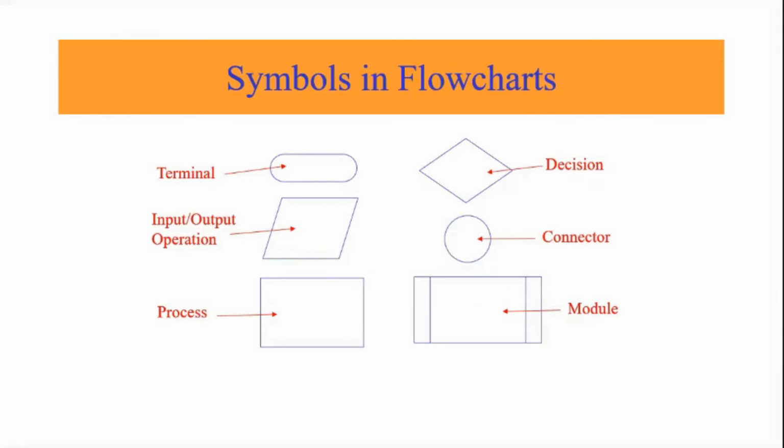Then a rectangle with two small boxes on either side, that represents a module. And there is one more element, the one-directional arrow. These are the six different symbols used in the flowchart, and these are the components of the flowchart also. The seventh component is the arrow, which represents the relation between two different symbols.